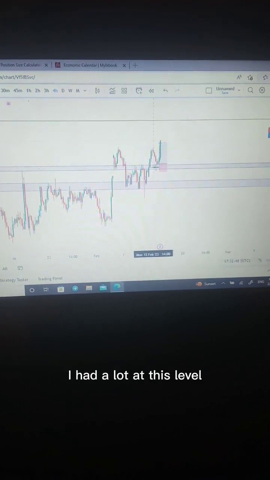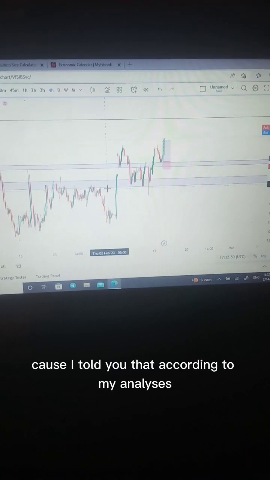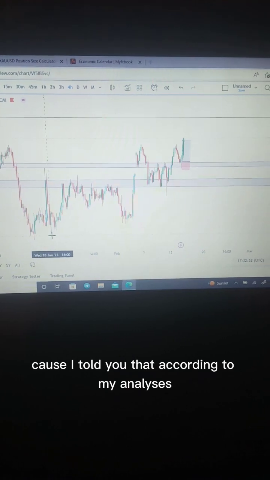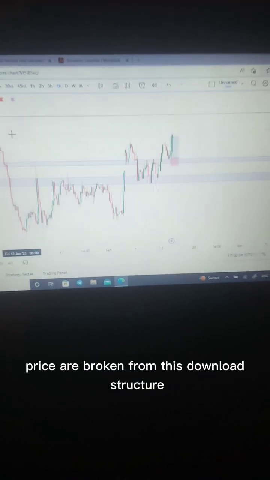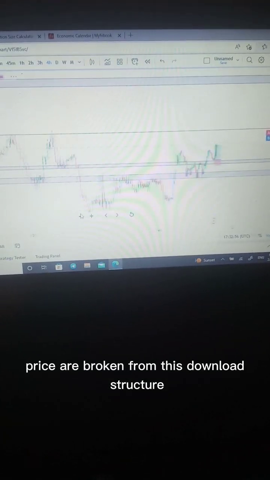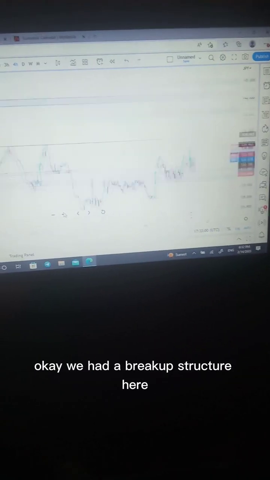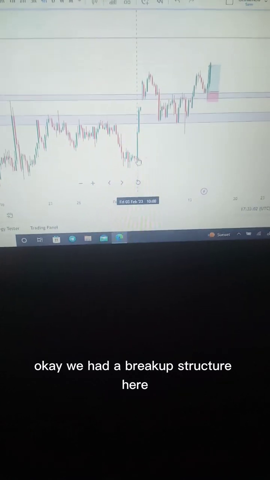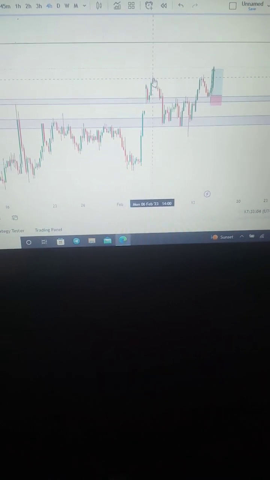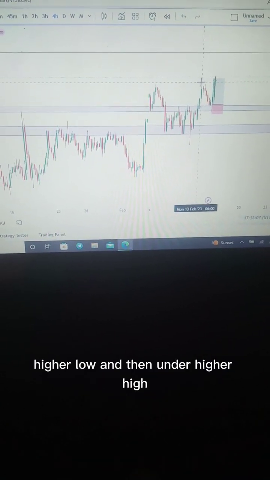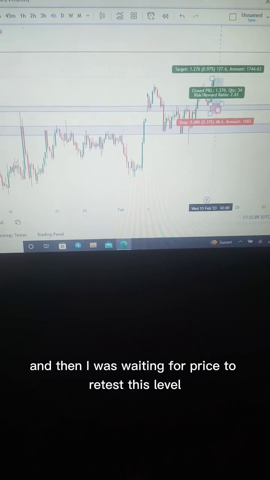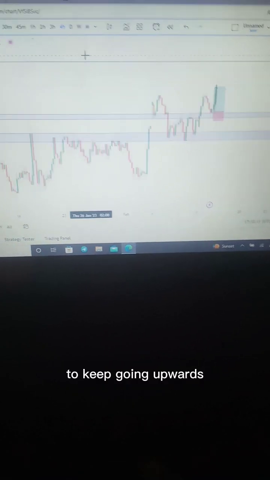I had an alert at this level because I told you that according to my analysis, price had broken from this downward structure to an upward structure. We had a break of structure here after this low, higher high, higher low, and then another higher high, and then I was waiting for price to retest this level to keep going upwards.